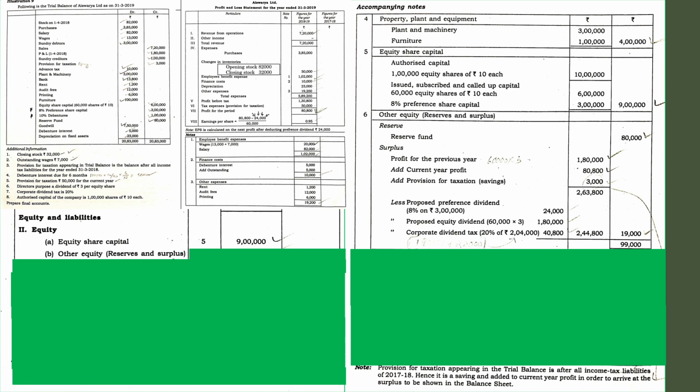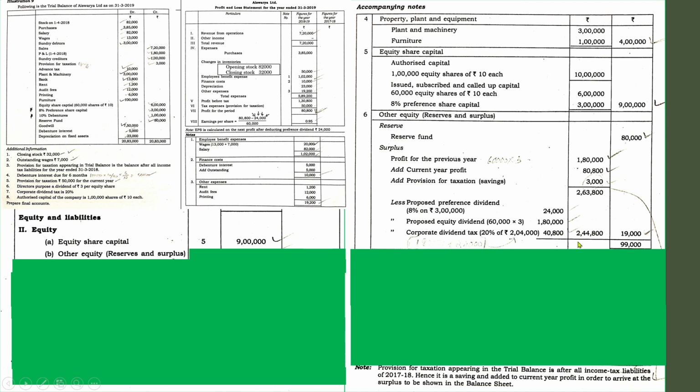So how much was the dividend provided by the company? 24,000 on preference shares and 1,80,000 on equity shares. The total of these two is 2,04,000. Now take the 20% tax on 2,04,000, you will get 40,800. Take the total of these 3 items, you will get 2,44,800.